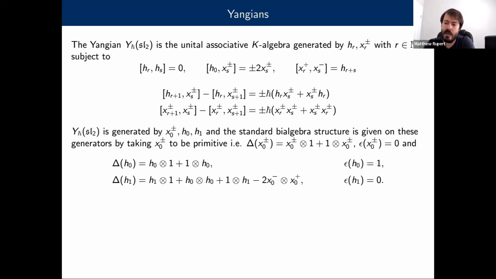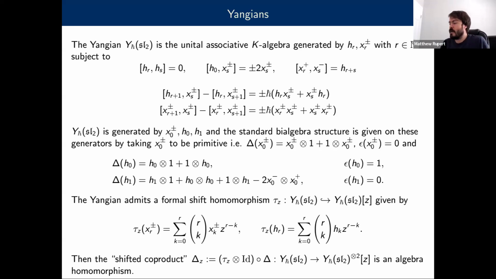The counit on H_0 is 1, and on H_1 it's 0. The coproduct on H_0 is like a primitive element, and the coproduct on H_1 is defined in this way. It's fairly simple on these generators, but there's no explicit formula for arbitrary H_r or X_r plus minus, because the relations become too complicated.